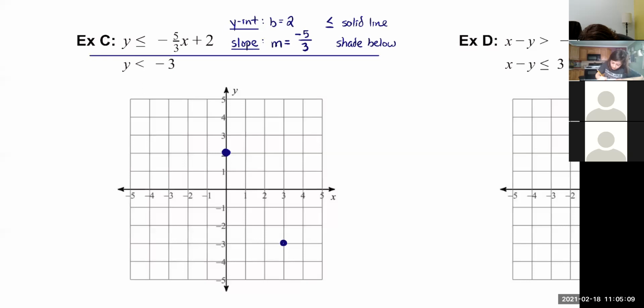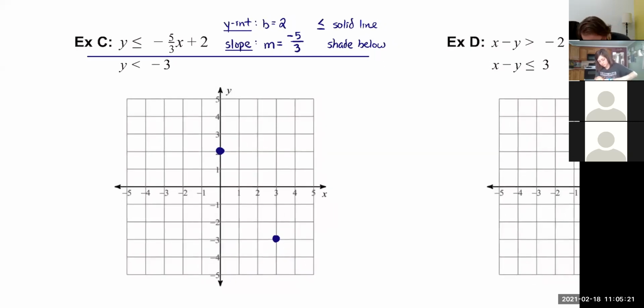And because of how steep it is, those are really the only 2 points that we could fit comfortably on this coordinate plane. Had I given you a larger grid, we could put more on there, but that's okay. We're using a solid line.